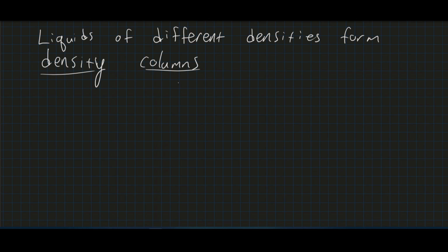Let's say that you have some density columns, and we have 3 liquids. We have Karo syrup, which we'll label K, with a density of 1.4 grams per milliliter.